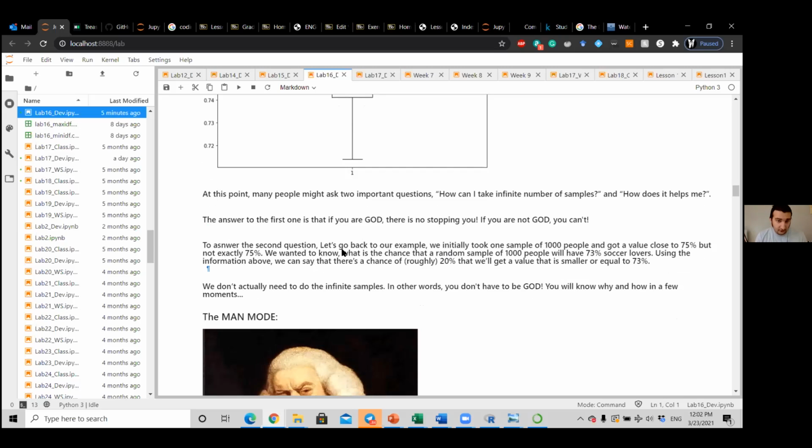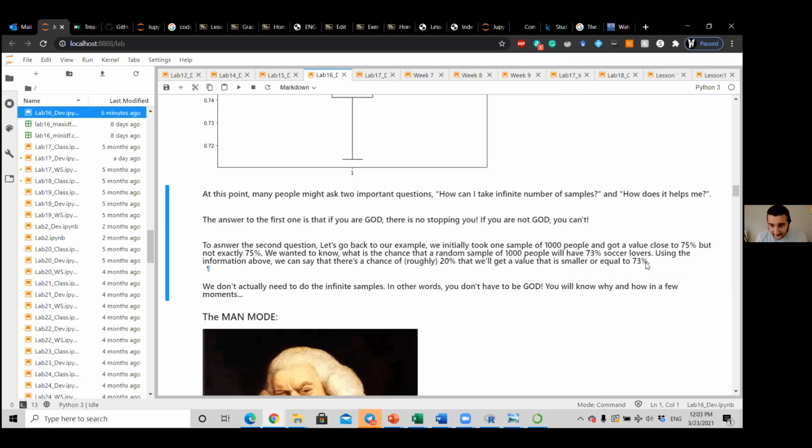We wanted to know what is the chance that a random sample of 1,000 people will have 73% soccer lovers. Using the information above, we can say that there is a chance of roughly 20% that we will get a value that is smaller or equal to 73%.